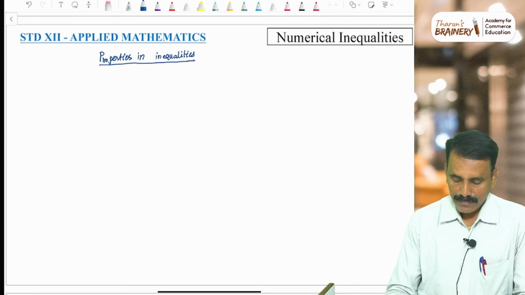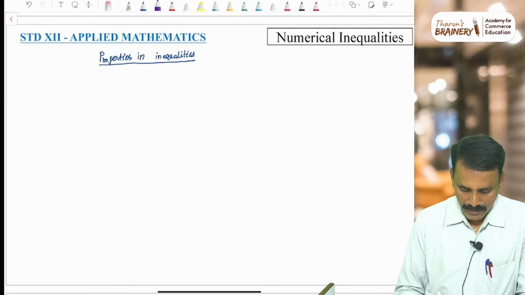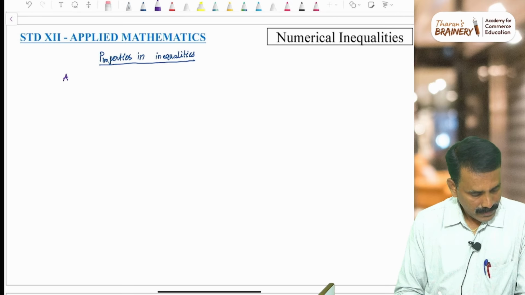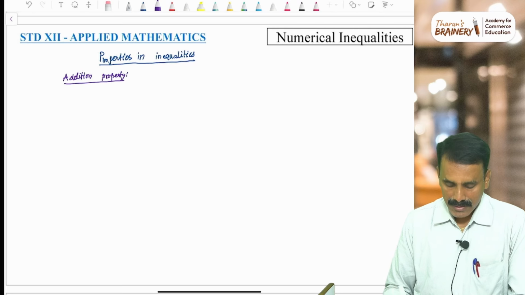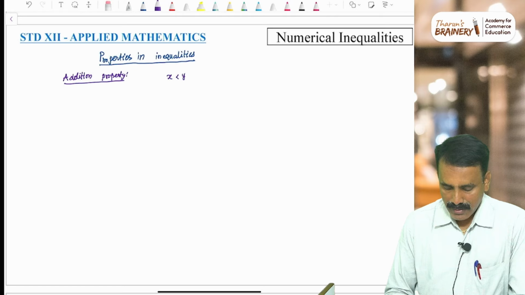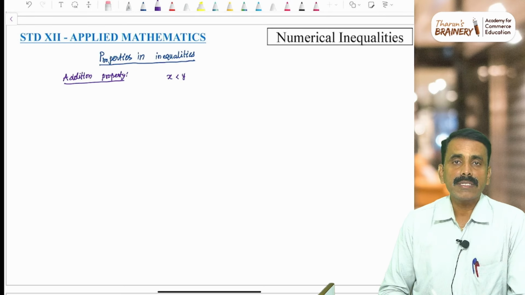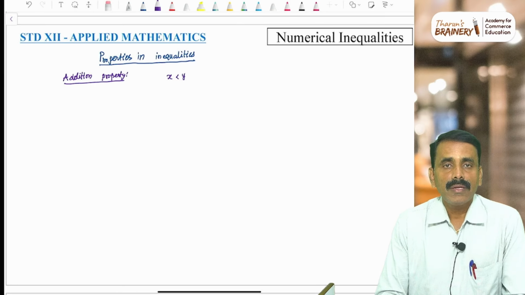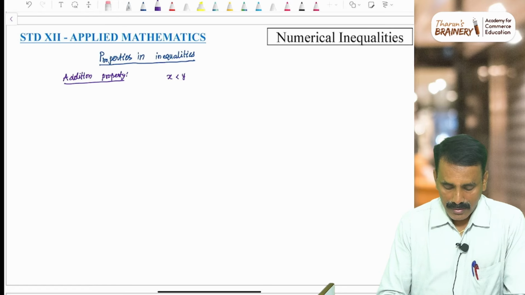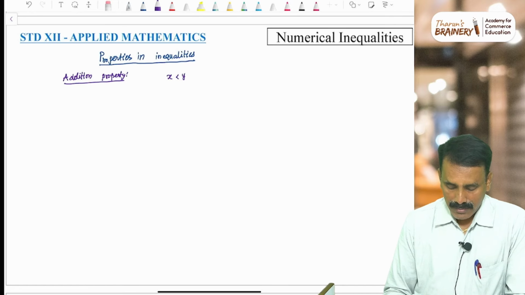The first one is the addition property, that is whenever x is less than y, okay, whenever x is less than y, if I add any constant on both sides, okay, then the inequality remains the same, x plus z less than y plus z.